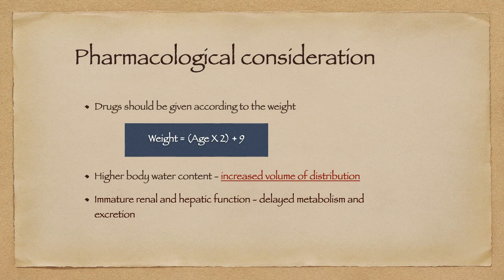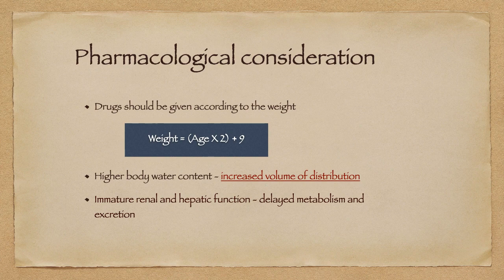Higher body water content will cause increased volume of distribution. Why is volume of distribution important? Because whenever you give any induction agent or muscle relaxant, the drug will distribute to other compartments. First it will be in blood, then it will go to other organs, fat, muscle, like that.